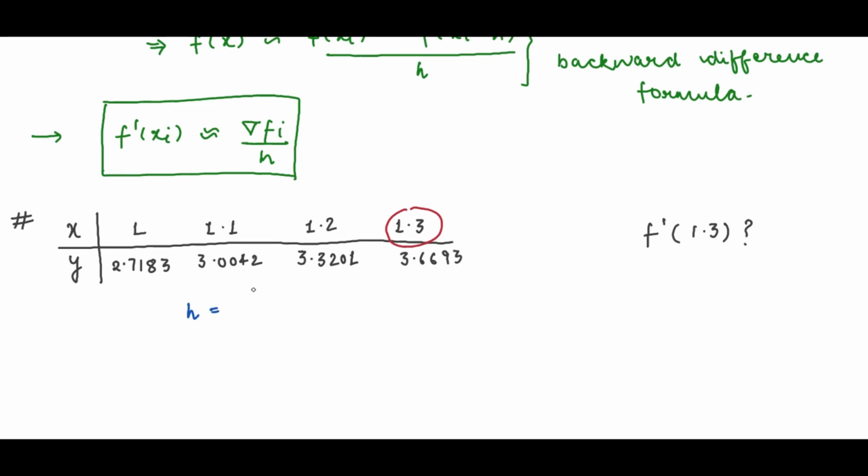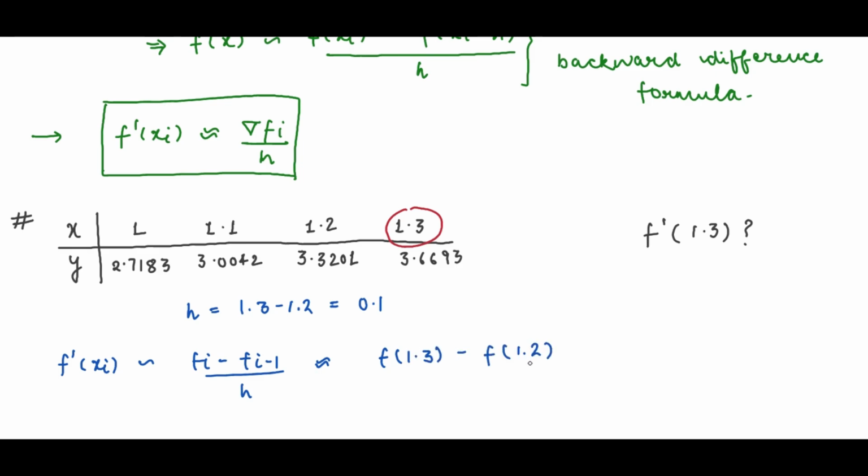First calculating the h value, which is 1.3 minus 1.2, that is 0.1. Now we can use f dash xi approximately equals fi minus f of i minus 1 divided by h. Therefore, f dash 1.3 is approximately f of 1.3 minus f of 1.2 divided by 0.1.